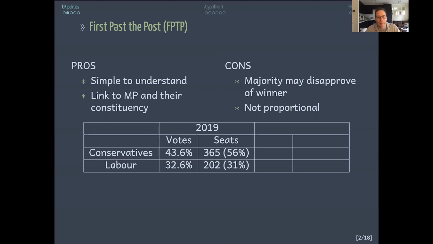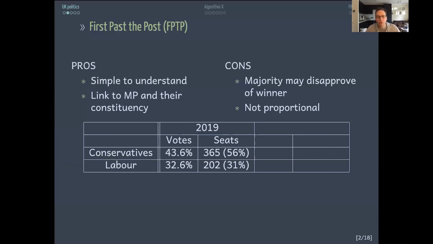So, for example, Labour got 32.6% of the votes, and they got about 31% of the seats, which sounds quite fair. Whereas Conservatives got 43.6% of the votes, yet ended up with something like 56% of the seats, which gives them a majority of 8 in the House of Commons, which is quite a large majority to have. This isn't the most extreme example of a disproportionate result overall for the country.